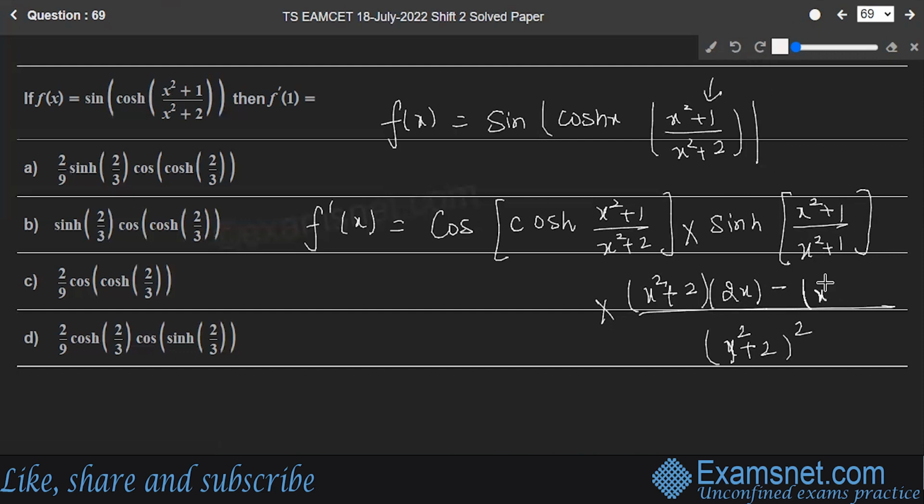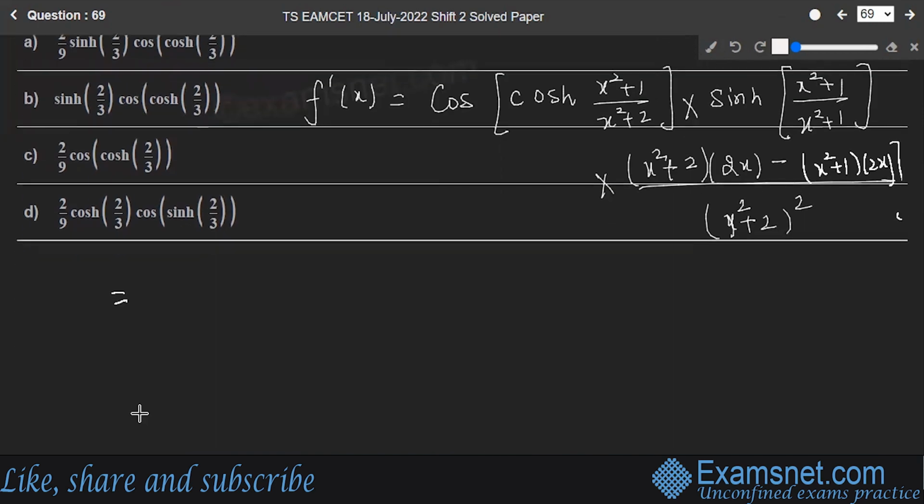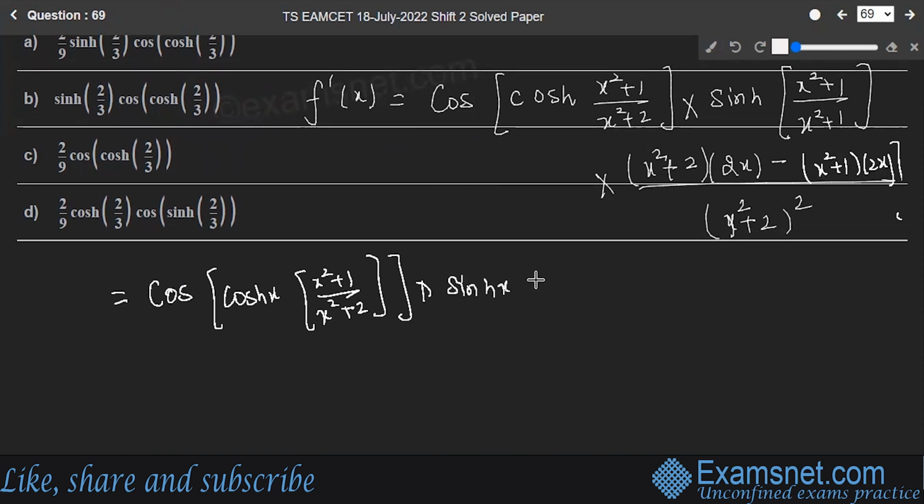So numerator, that is x square plus 1 into derivative of the denominator. So f dash x will be given by cos of cosh of (x square plus 1) upon (x square plus 2) into sinh of (x square plus 1) upon (x square plus 2).